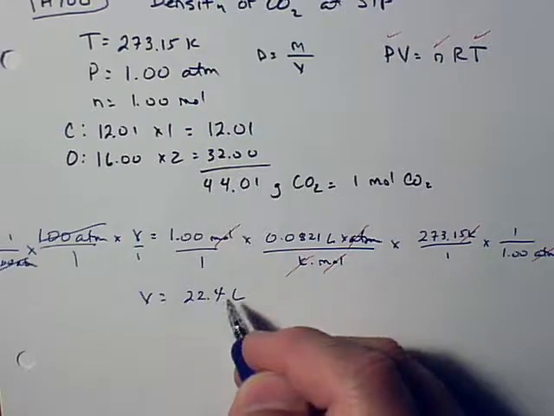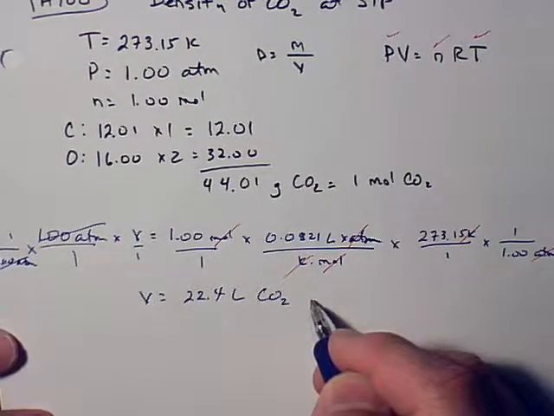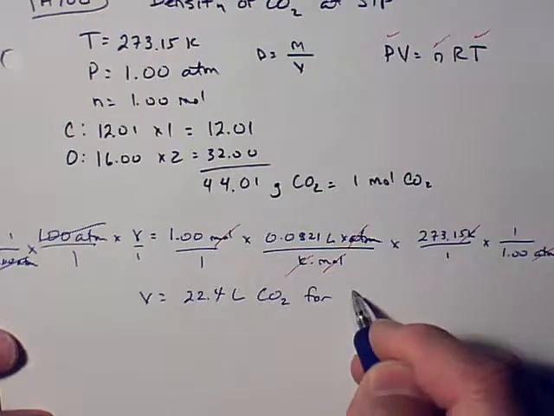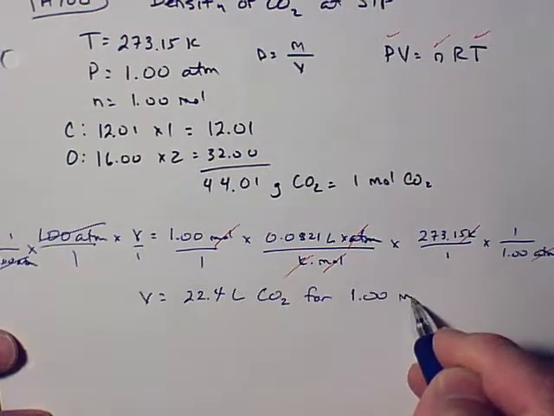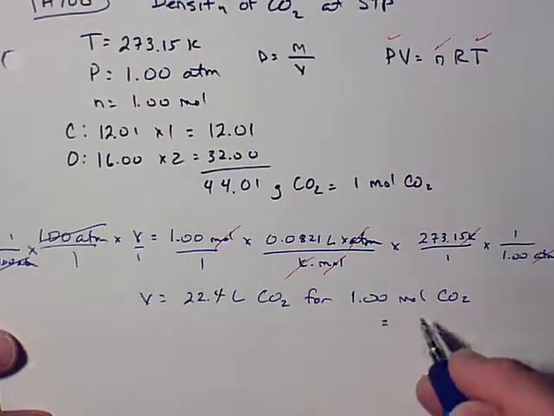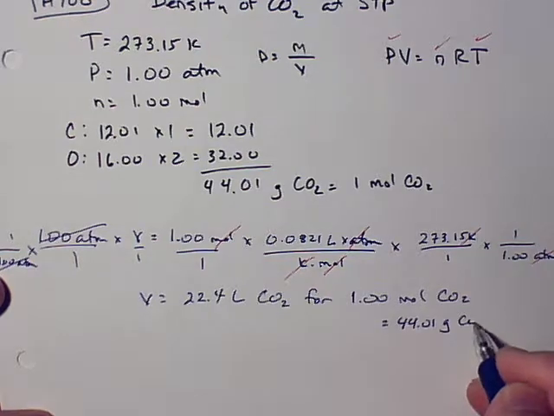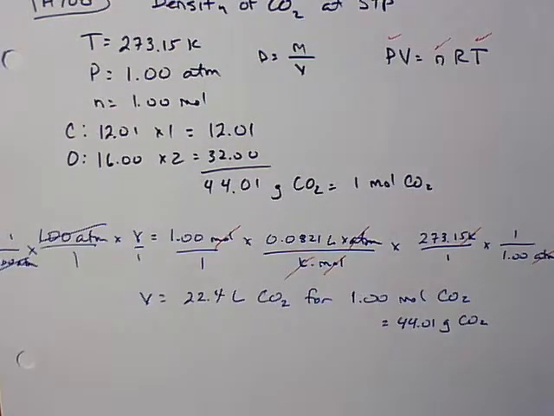Okay, so that's 22.4 liters of CO2 for 1 mole of CO2, which happens to be equal to 44.01 grams of CO2. Well, now we have everything we need to calculate the density, don't we?